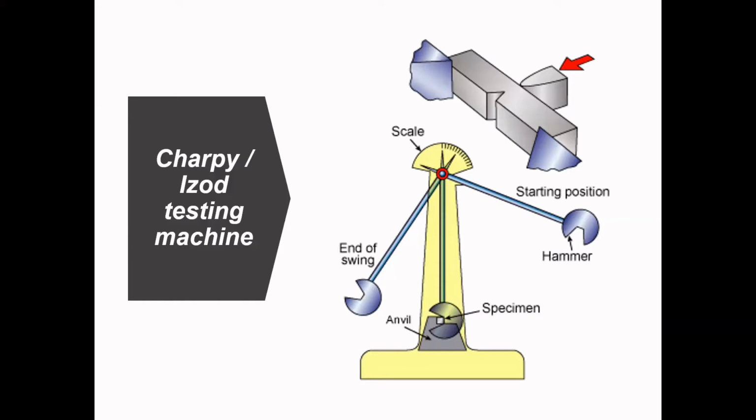So this is the experimental setup for both Charpy and Izod impact testing. The Charpy impact testing, also known as the Charpy V-notch testing, is a high strain rate testing that involves striking a standard notch specimen, like what we can see here, with a controlled weight pendulum or hammer swung from a set height.